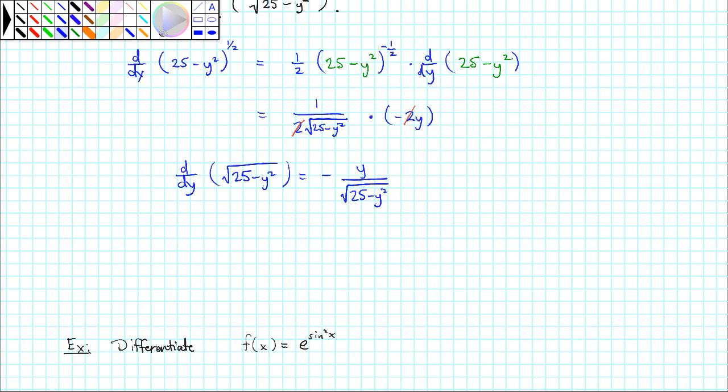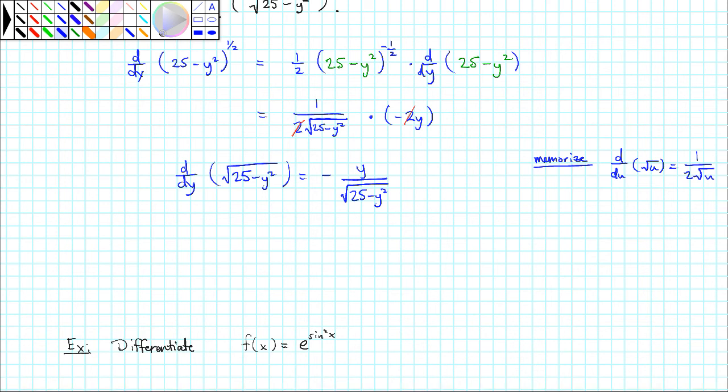By the way, pro tip, it's maybe a good idea to memorize, just for the sake of being a little bit quicker sometimes, that the derivative with respect to u of square root of u is 1 over 2 times the square root of u.